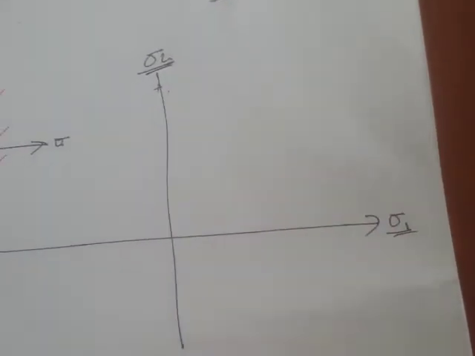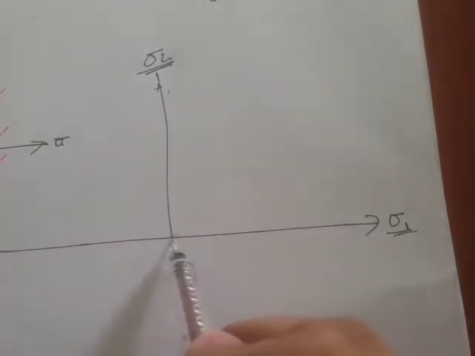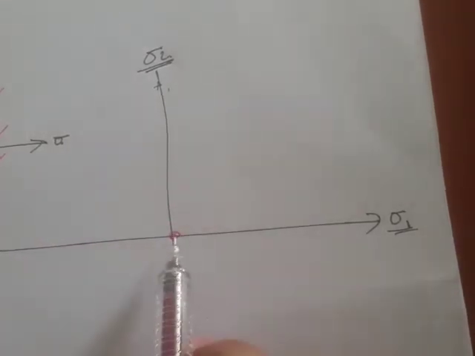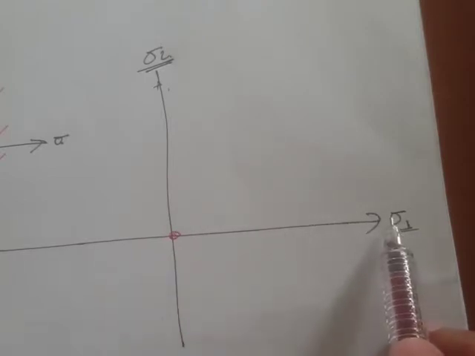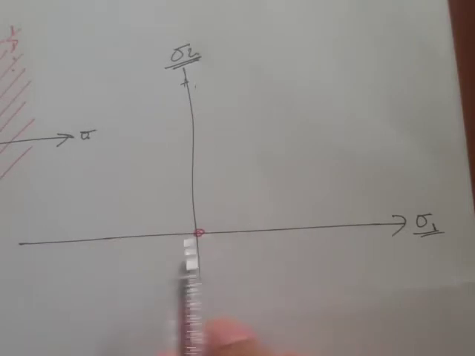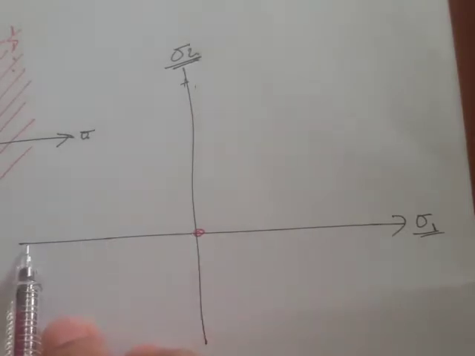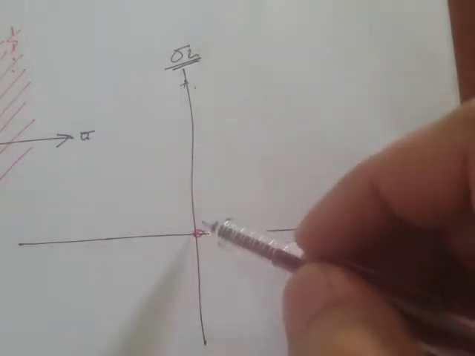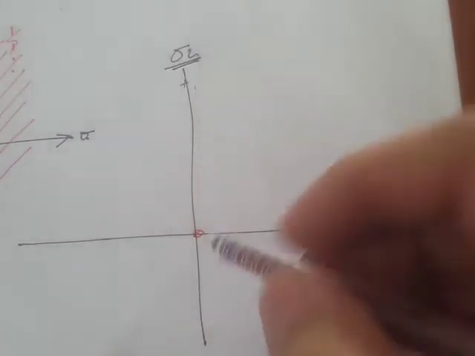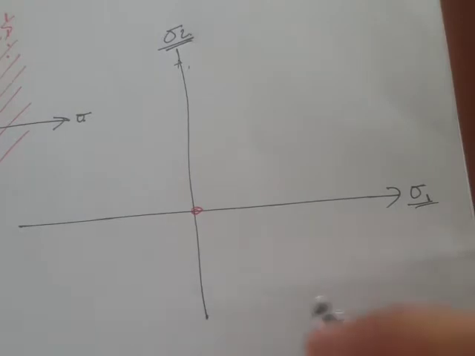By the way, if you go to the right and that's positive, then that's tension, and going left is negative, and that's compression. Along the vertical axis, it's also the same. If you go upward, that's tension, and going downward is compression.